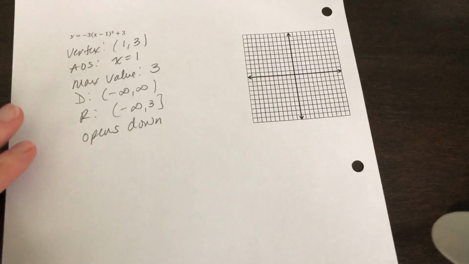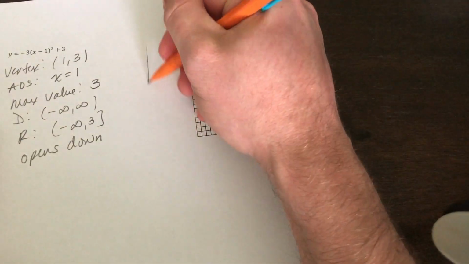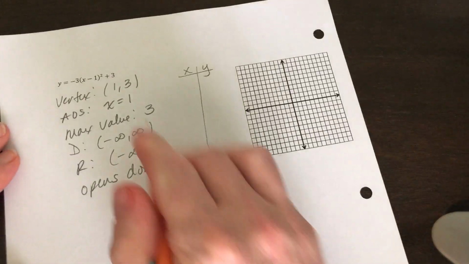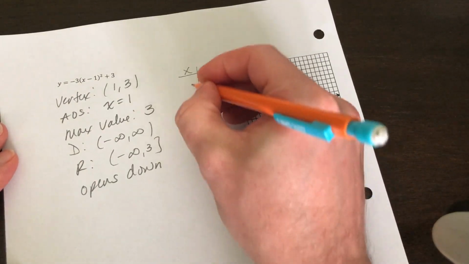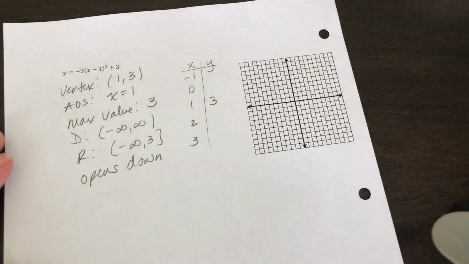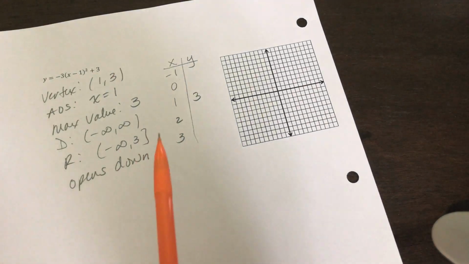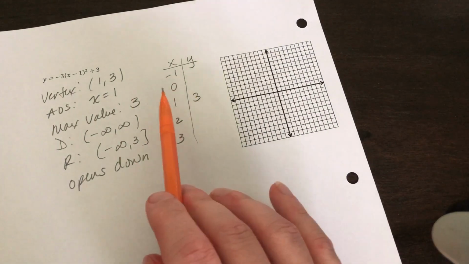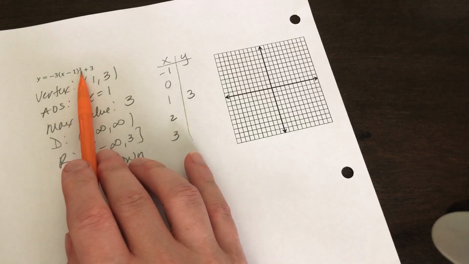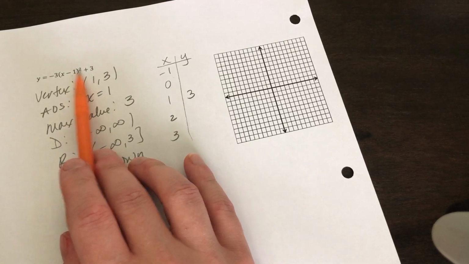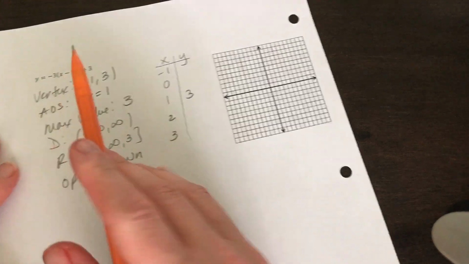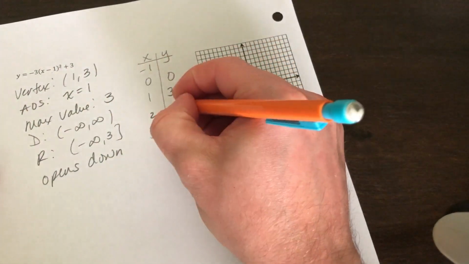Okay, now we're going to graph this. Let's do our table. We're going to pick our points 1, 3, put that there, 0, -1, 2, and 3. So plug in a 0. 0 minus 1 is -1. -1 squared is 1. 1 times -3 is -3, plus 3 comes out to be 0.